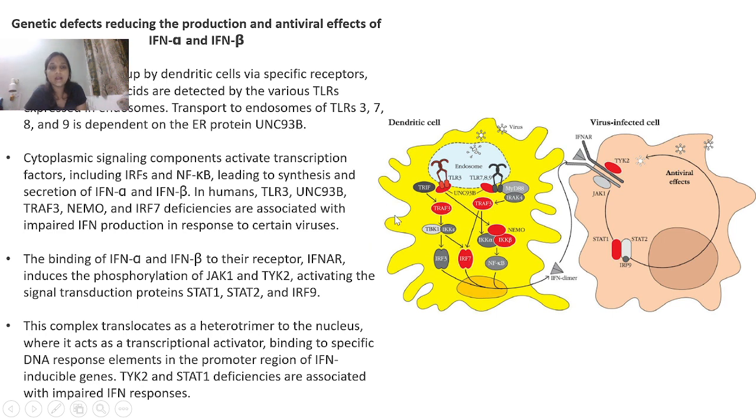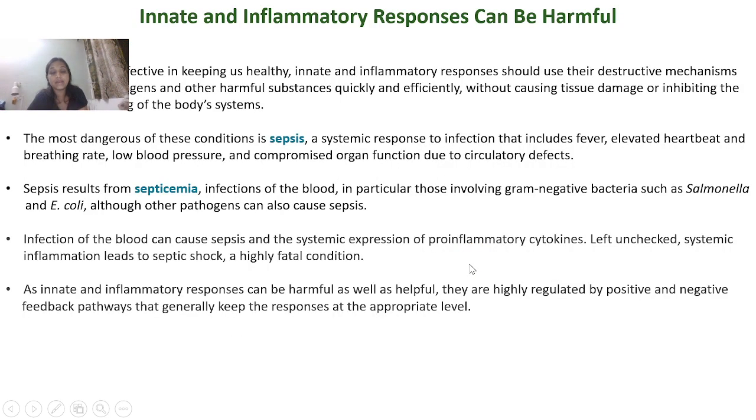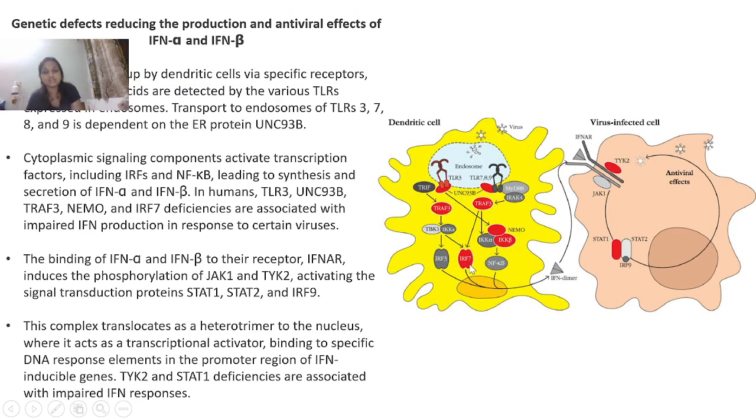So people who have a deficiency in these proteins, like TLR3, TRAF3, IRF7, and NEMO, have shown impaired production of interferons in response to viruses, compared to people who have no deficiency in these proteins.